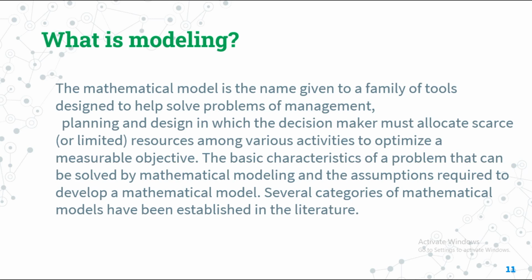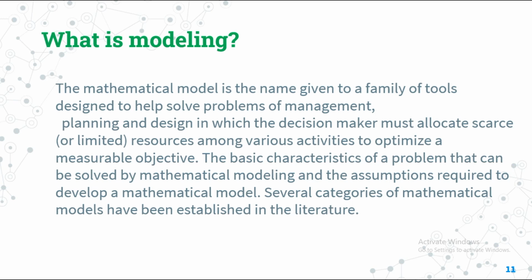The mathematical model is the name given to a family of tools designed to help solve problems of management, planning, and design, in which the decision maker must allocate scarce or limited resources among various activities to optimize a measurable objective.